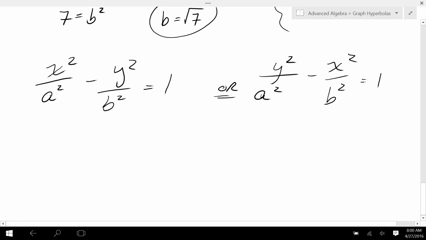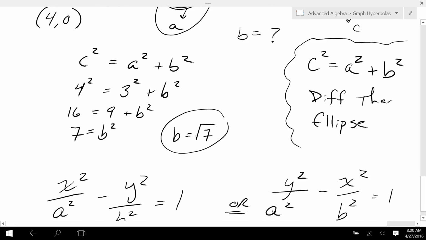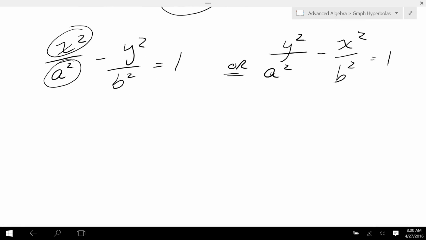Now we have to make a decision, and that decision is going to be specifically based off the information that they gave us. If we go back and we look at the vertex, that is your A. It has an x component, so that tells me that the A has to go with the x. Of these two equations, the horizontal one has the A with the x value. So that's the equation we're going to use.